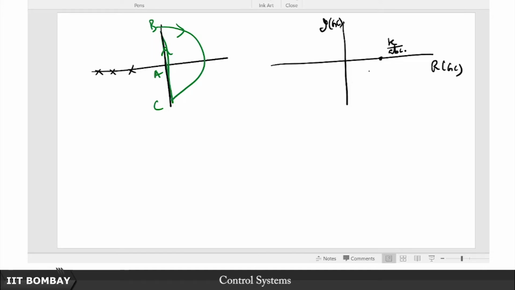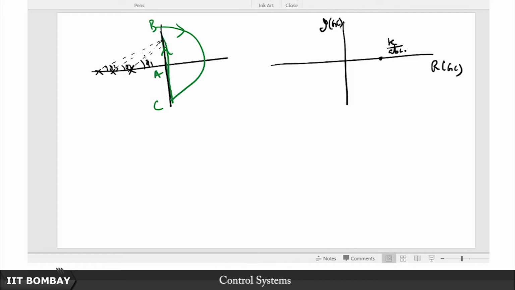So this is how I start off. Now what happens as I keep going up towards B? You see all of these angles keep increasing; at any test point here they all contribute this phi 1, phi 2 and phi 3. So as I keep going up in this direction, it will be phi 1 plus phi 2 plus phi 3, but of course with a negative sign because these are all poles after all.